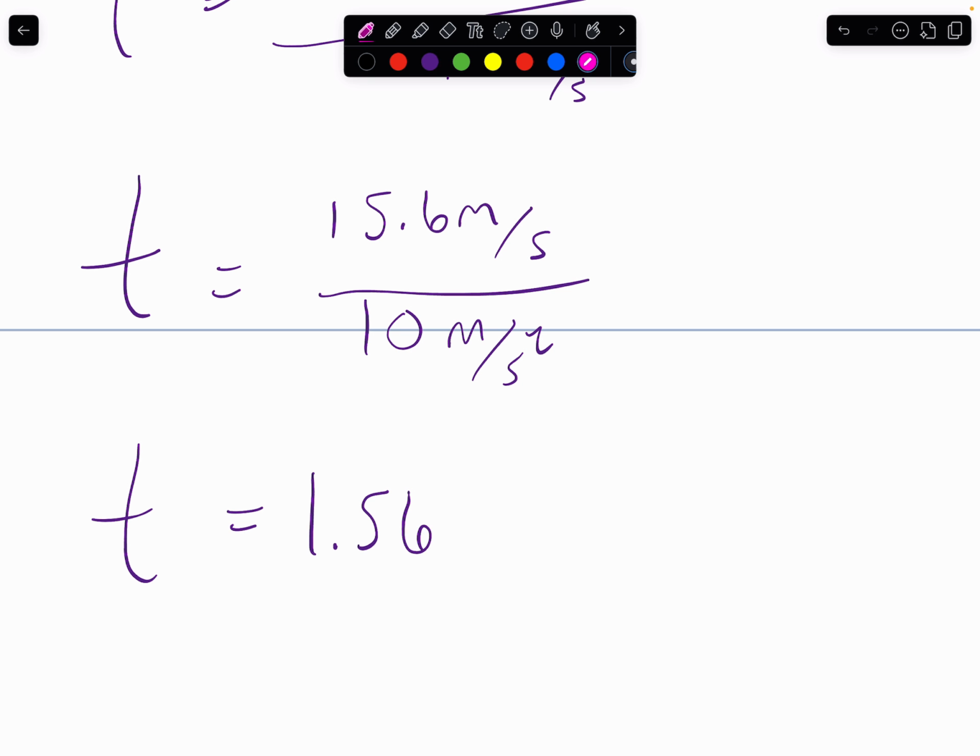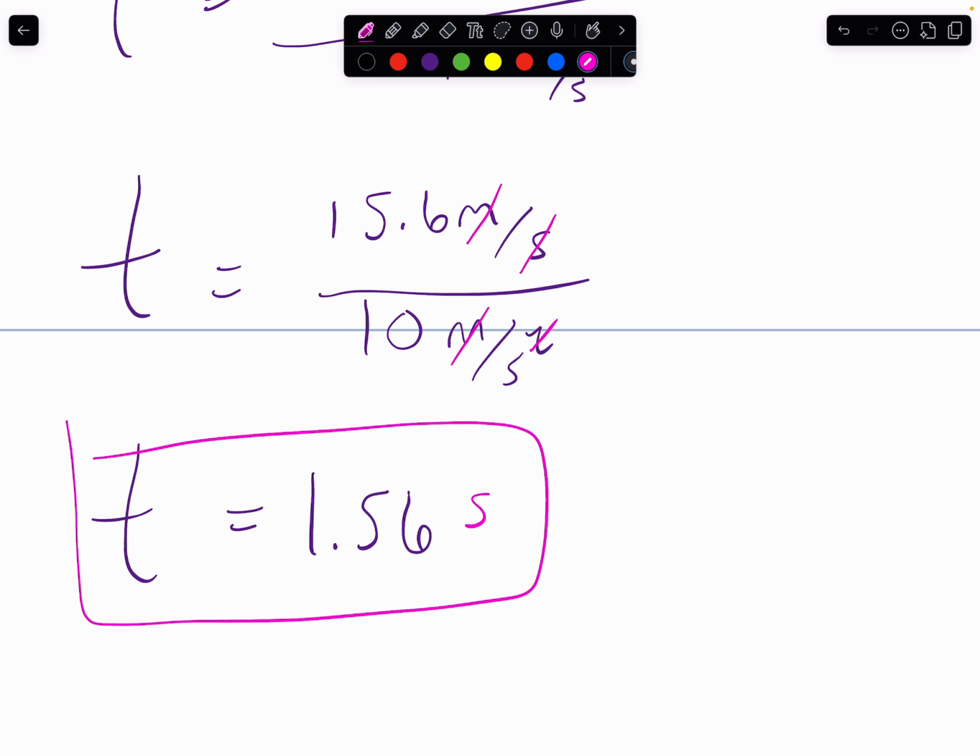Dimension-wise, that m cancels that m, and this seconds cancels one of these seconds. Then I've got basically 1 over seconds in the denominator, which, guess what, gives seconds. So there you go. The second part of that problem is done now.